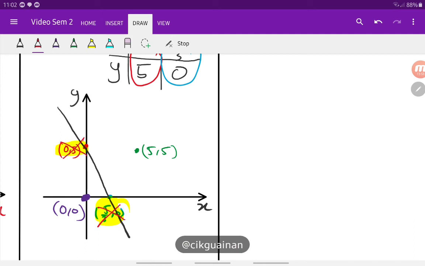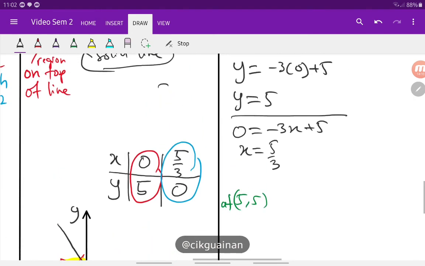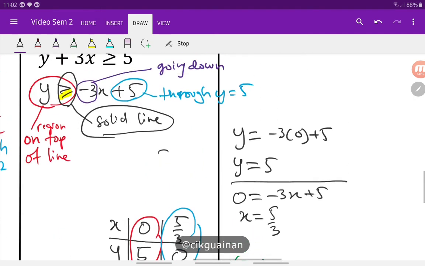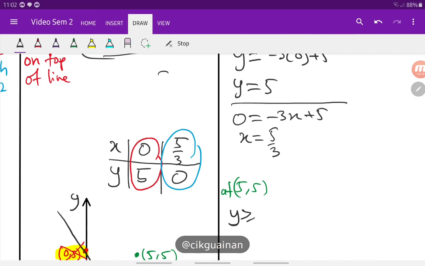In the previous example I used the origin. For this one, I want to use the green one, (5, 5). What is the equation, by the way? y greater than or equal to minus 3x plus 5.